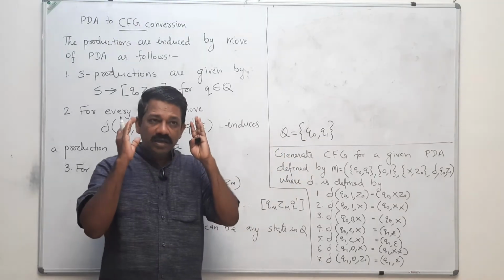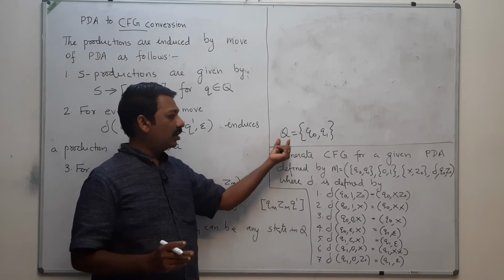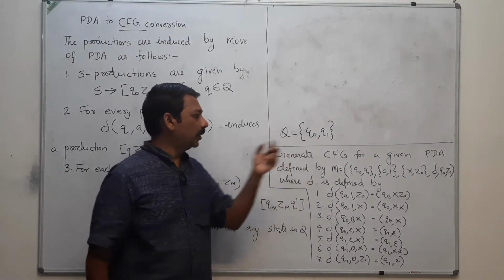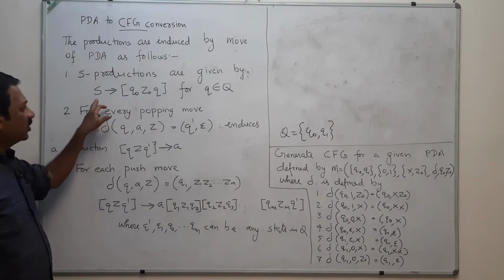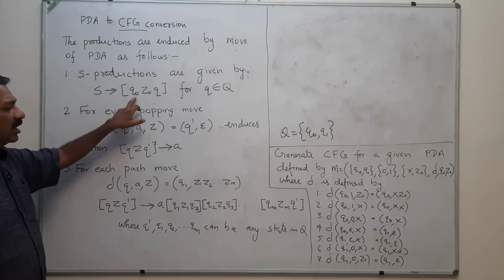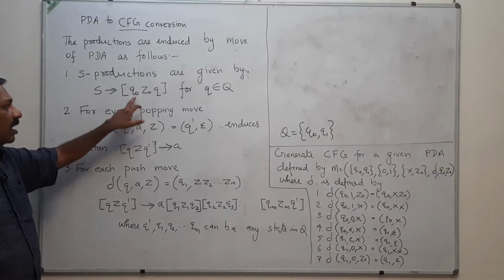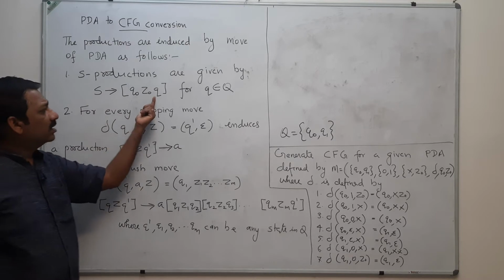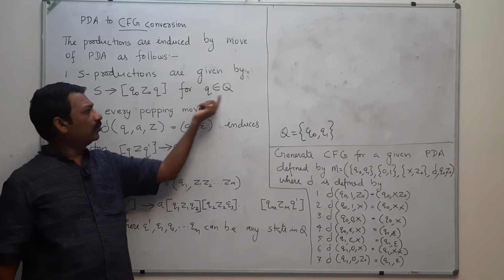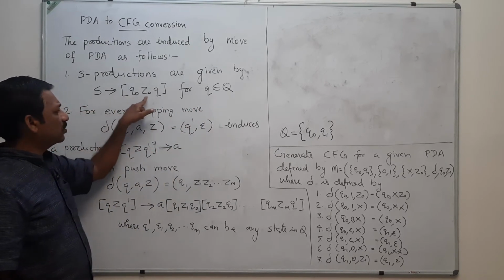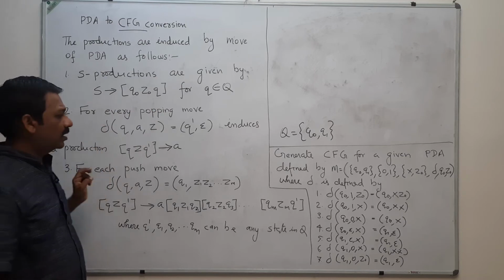That means in our PDA we have only two states, q0 and q1. Then what are the S productions? We assume that the start state is q0, and for all q element of Q you should have S derives [q0, Z0, q].